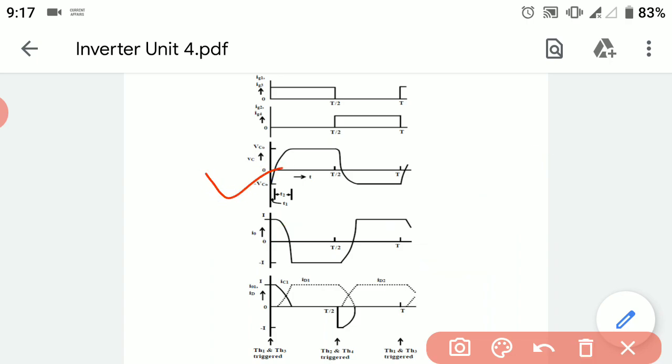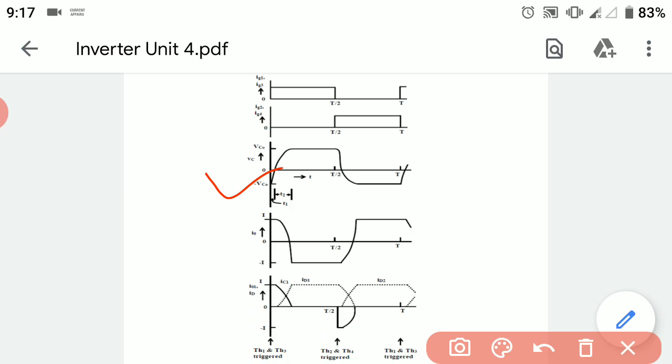This is the capacitor voltage. As we can see, we have inserted the initially charged capacitors having the right hand plate of positive polarity and the left hand plate of negative polarity.